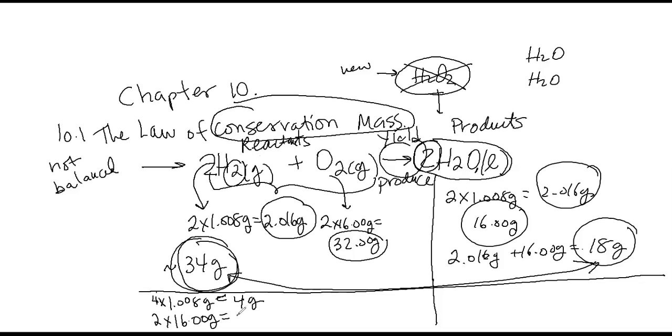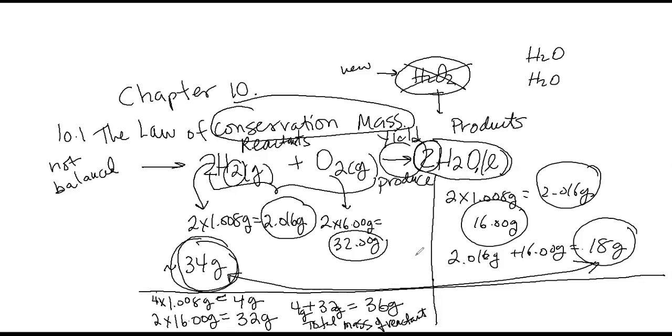This is not an approximation now, it's actually 32. Now, what do we do next, guys? We sum up 4 plus 32 grams. And what we get is 36 grams, the total mass of the reactants.